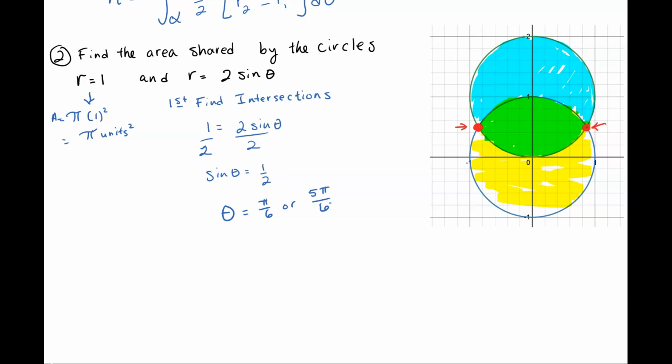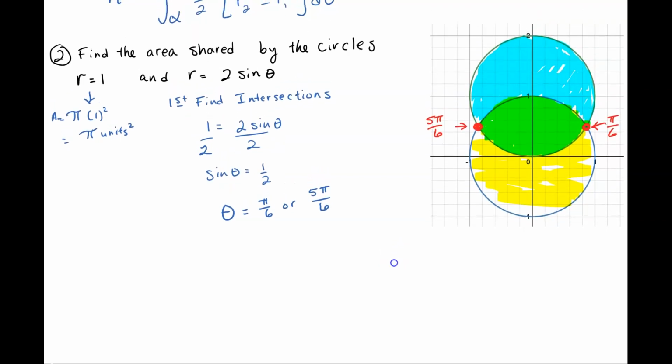If you were to have overlaid a polar coordinate system over this, you would see that this right here would correspond, of course, to pi over 6, and then this over here on this side corresponding to 5 pi over 6. So we're going to use that as our limits of integration.